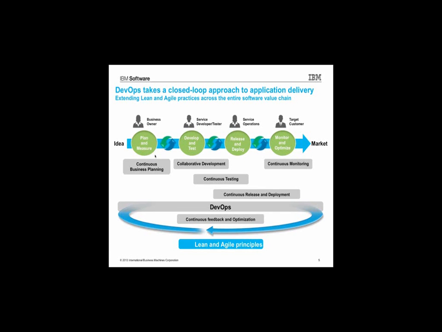The idea is to get a continuous feedback and optimization loop by extending these lean and agile practices across the whole life cycle. That's what you see here on the chart: there's continuous testing and continuous release and deployment that span across development and operations. And these are some of the practices that you can apply to achieve a DevOps approach to delivering continuous software.